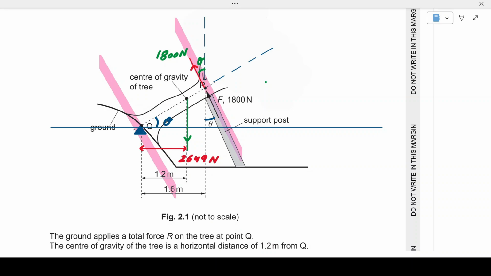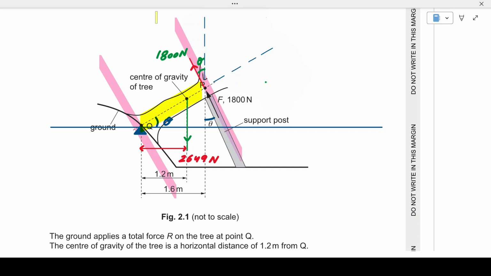No. Find the distance of that force from the pivot using trigonometry. So technically, we need to find this distance, the perpendicular distance between these two.